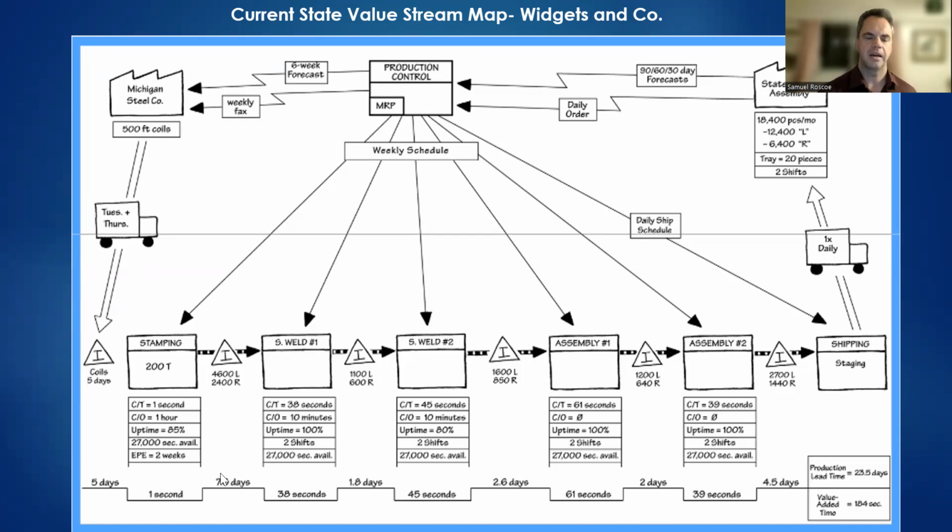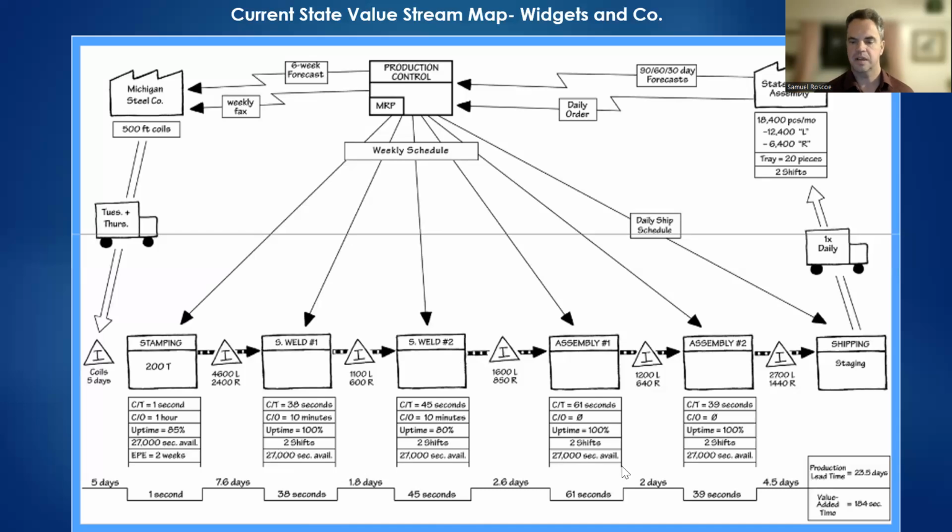And then in between my stamping and my welding operation, my inventory builds up again, in that 7.5 days. I have 38 seconds to do my weld, and I have another 1.8 days worth of inventory piling up. Again, welding station 2 takes 45 seconds, another 2.5 days of inventory.